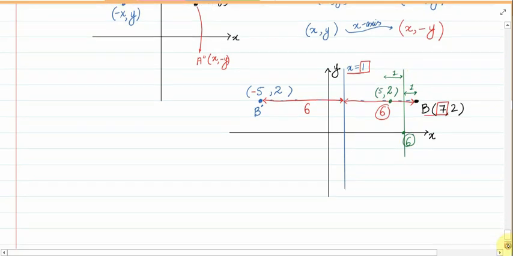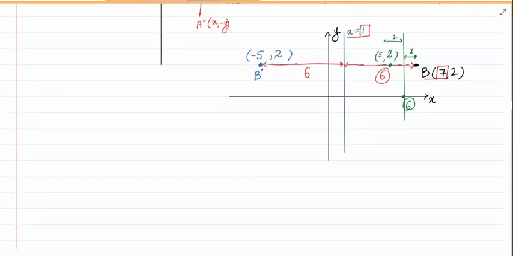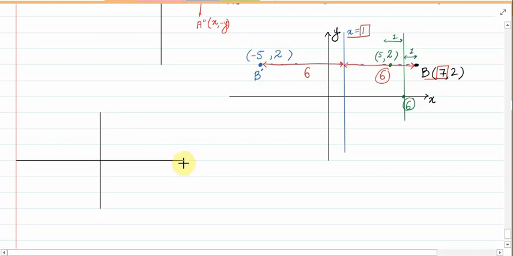Now one thing, let's suppose I ask the question in a slightly changed manner. If I ask you that there is a point whose coordinates are 1, 2, and there is another point, point A and its image point A dash, whose coordinates are 5, 2, and you need to find the line of reflection.